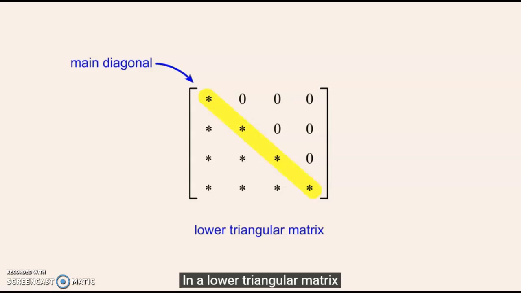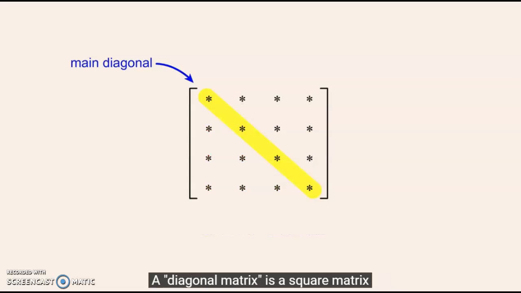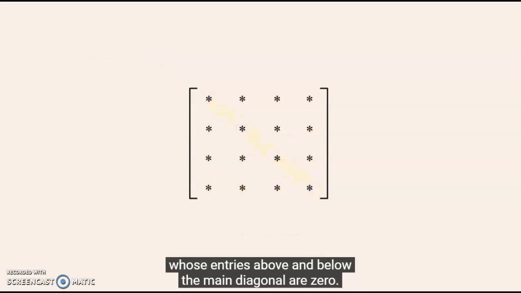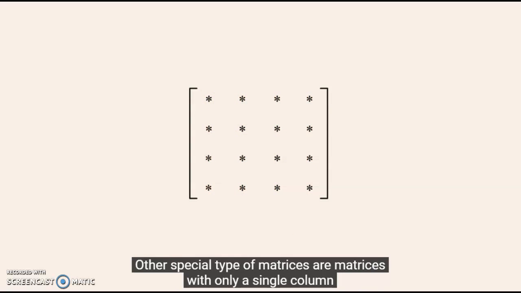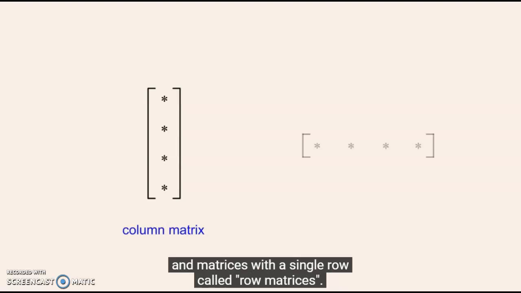In a lower triangular matrix, the entries in the main diagonal and below can have any value. A diagonal matrix is a square matrix whose entries above and below the main diagonal are 0. Other special types of matrices are matrices with only a single column, called column matrices, and matrices with a single row, called row matrices.